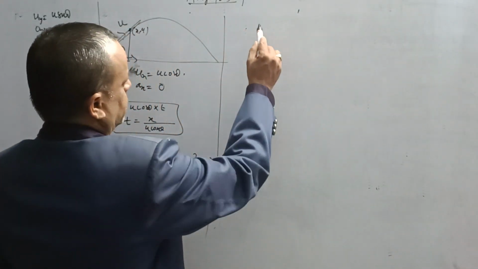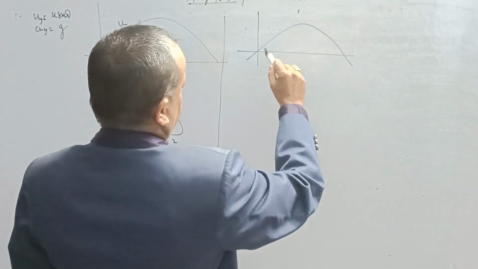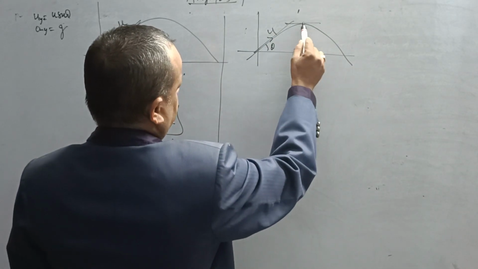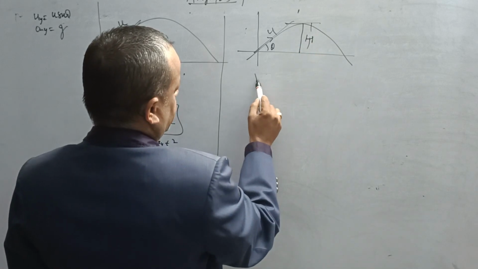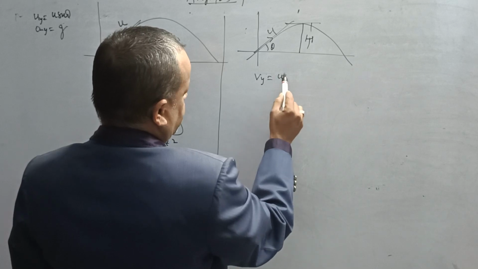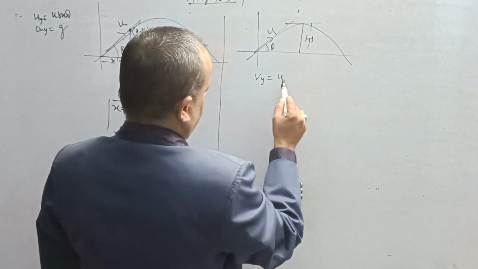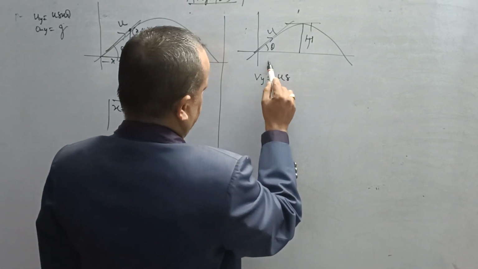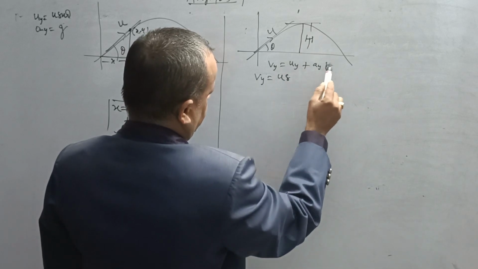Now see what we'll do. Let us suppose a body has been thrown with the velocity u, at angle theta. So why is it not able to go forward? Because we know the component which is led to rise above along the y-axis, Vy is what? Vy is equal to Uy plus Ay into t.